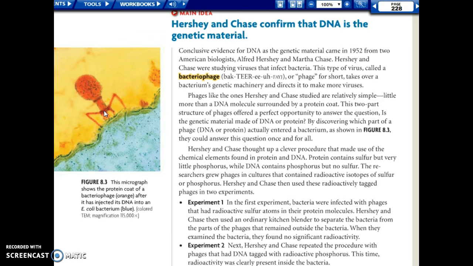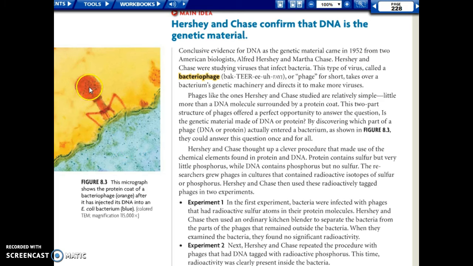So what they did, first off, they took the protein outer part right here on this bacteriophage and they made it radioactive. So think of radioactivity, something that glows. They let this bacteriophage infect this bacteria.